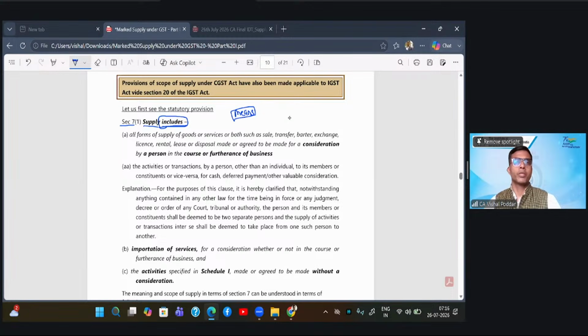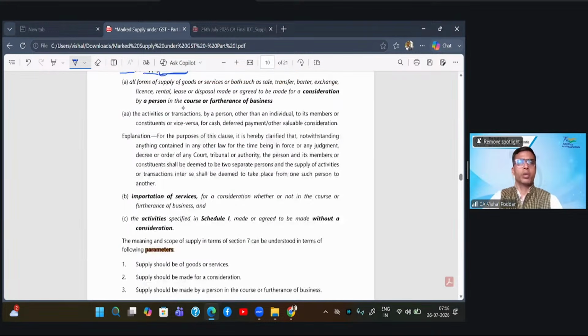So as we proceed today, we'll go to different definitions. In certain definitions, you will come across the word means. In the present definition, it is includes. So there are different limbs. Broadly, the supply definition is covered in 4 limbs.